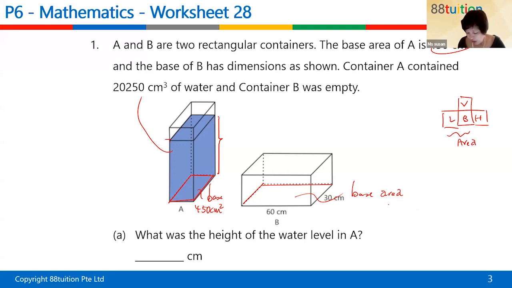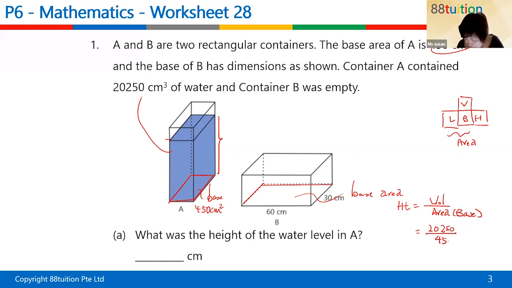Since we have this volume, we have height over base area, and we have 20,250 cm3 over the base area of 450.